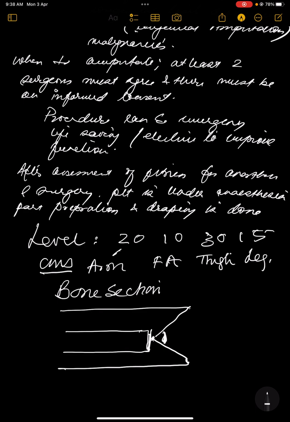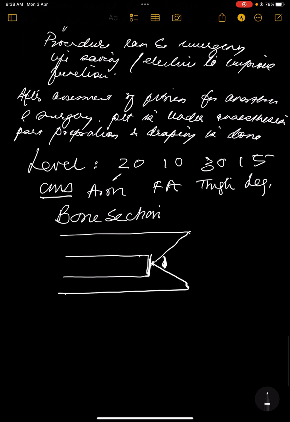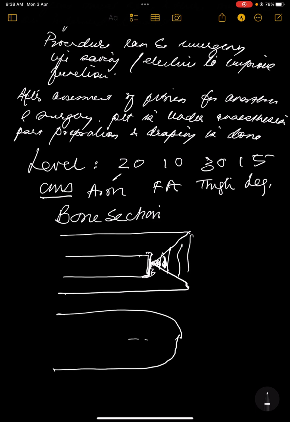And when this closes, you'll close this first, and then you'll close this like this, so that this becomes like this, and here is the bone section. So your stitches would close it like this.